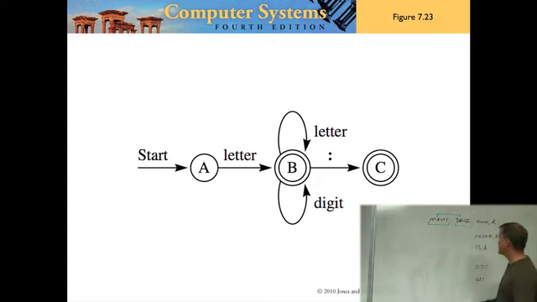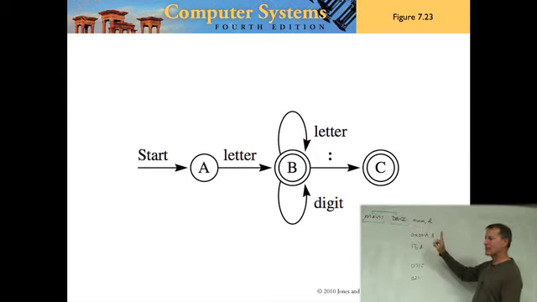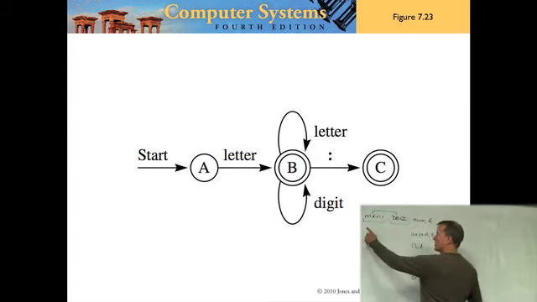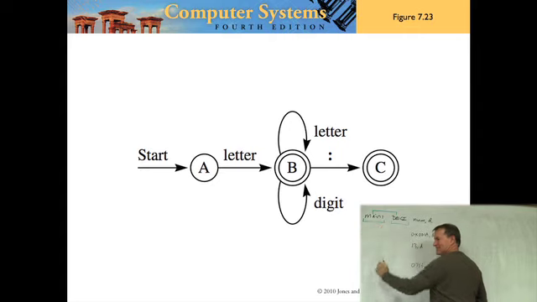But actually, as it turns out, it works for this. Because look, it could either recognize MAIN colon, in which case it recognized the definition of a symbol. Or it could recognize NUM, in which case it recognized a symbol, but not the definition of the symbol.